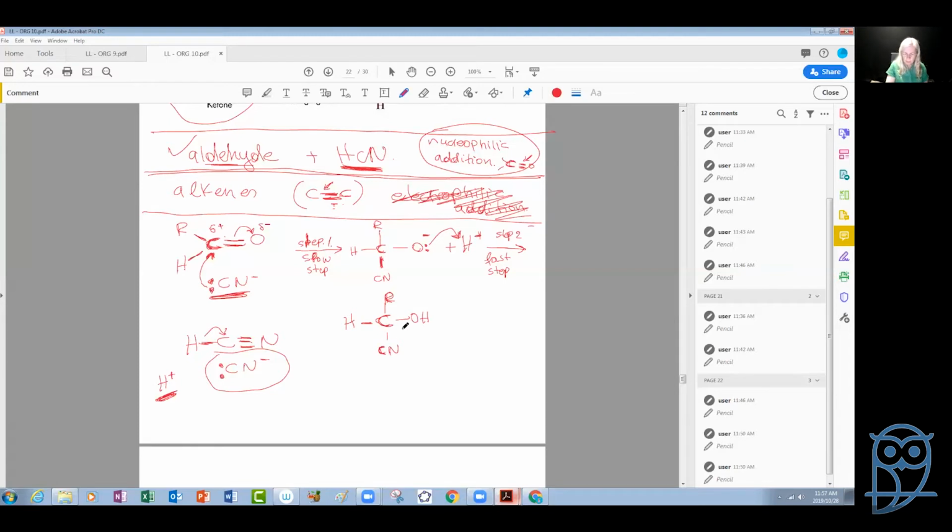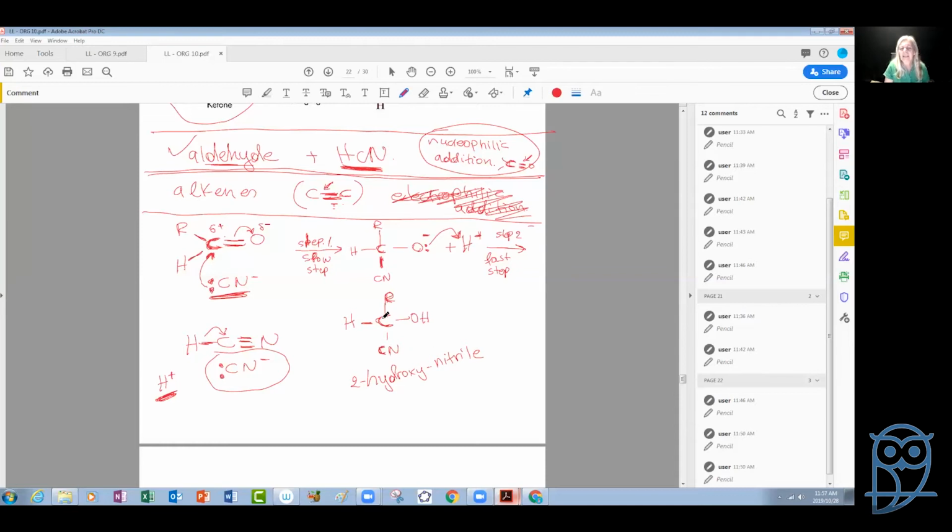That is why the product is always named 2-hydroxy, the number of carbons there, and nitrile. This is always the product that forms.